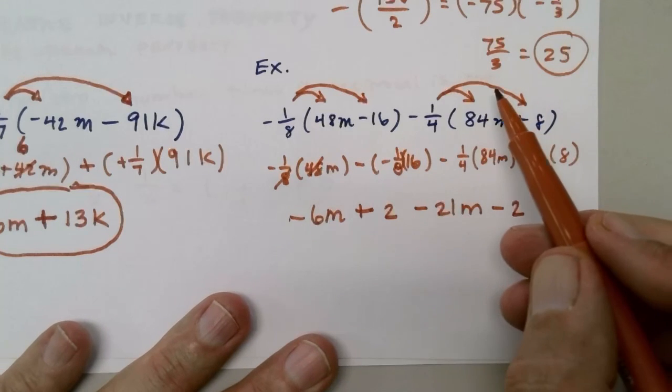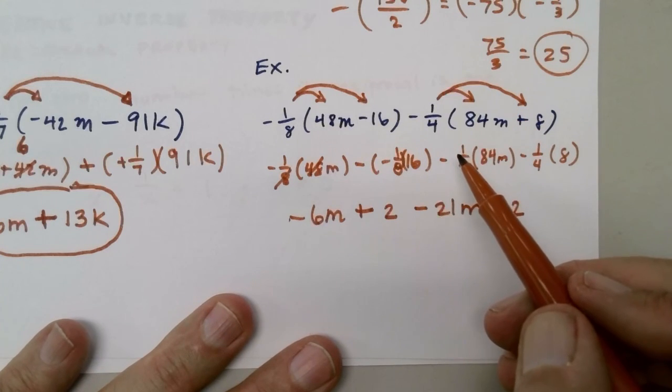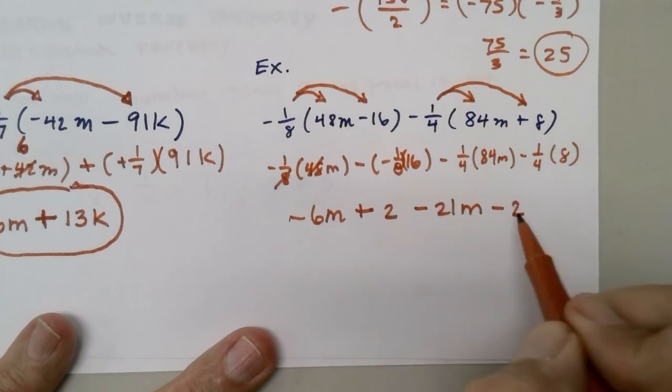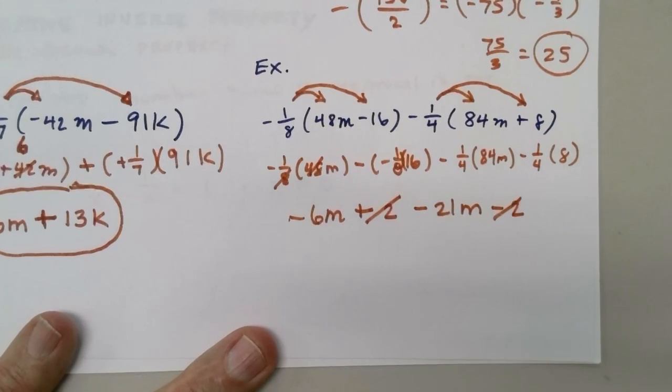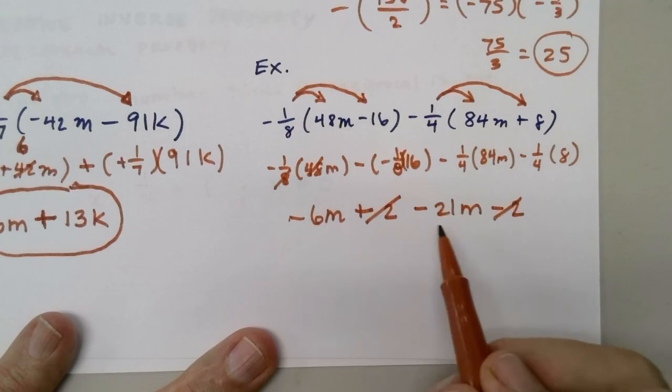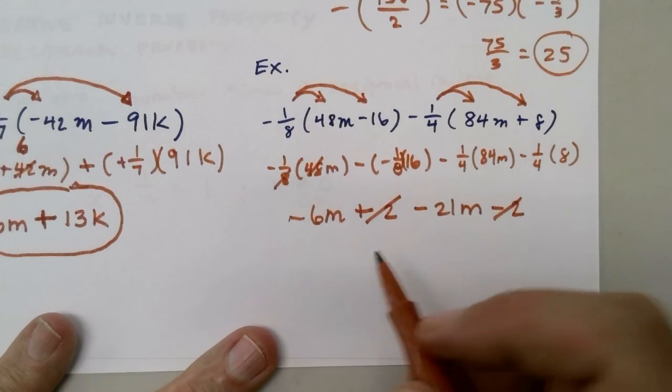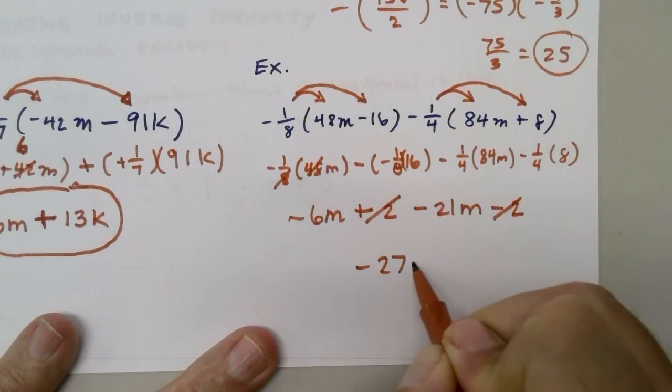So first I distributed, then I multiplied. Now I gather. Negative 2 plus 2, those guys cancel. Negative 6m minus 21m. Holes plus holes is, wait for it, more holes, negative 27m.